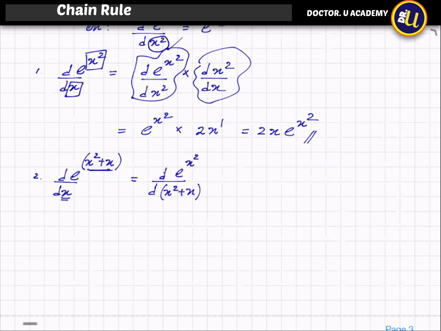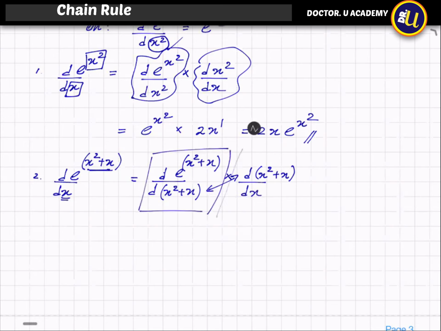So that would be this, and then you multiply this with the same value you constructed. So this is the chain rule, so you can see the connection between the first loop and the second loop. The first loop, the answer would be e^(x squared plus x), that is not a problem.